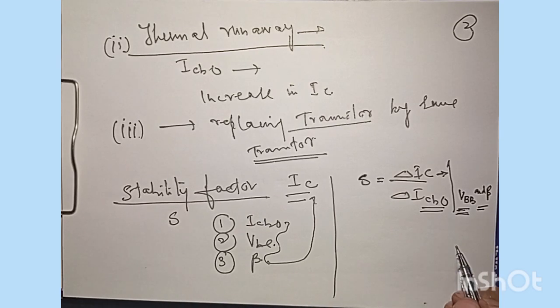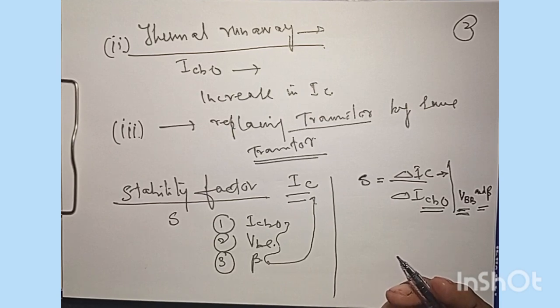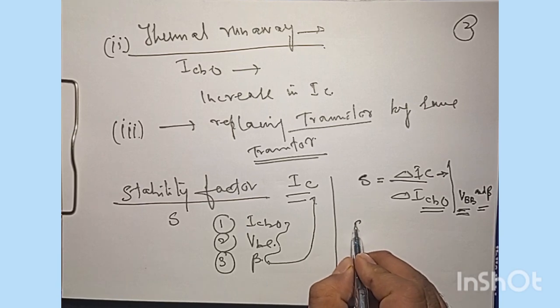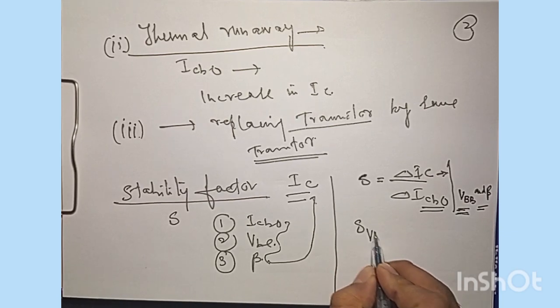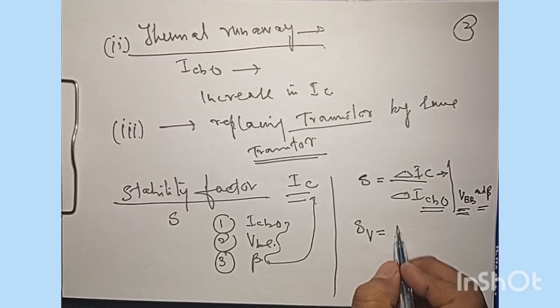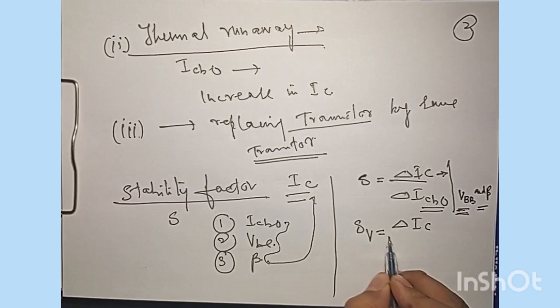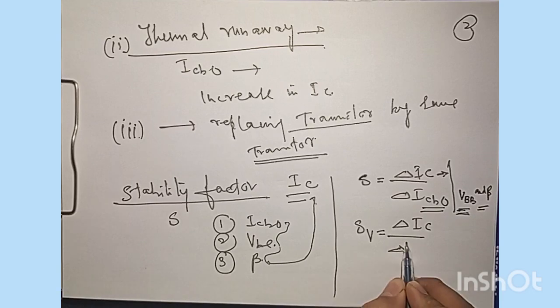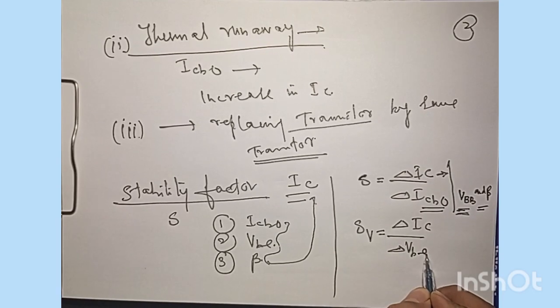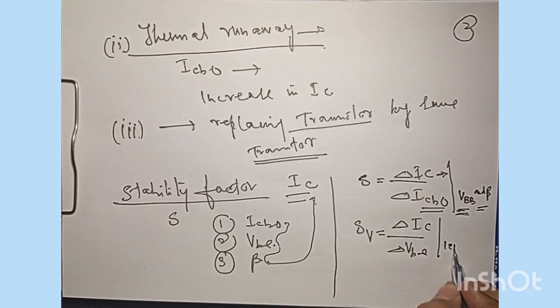And similarly, we can define this stability factor as SV. Now, how do I define it? I can say it is delta IC by delta VBE at constant ICBO and beta.